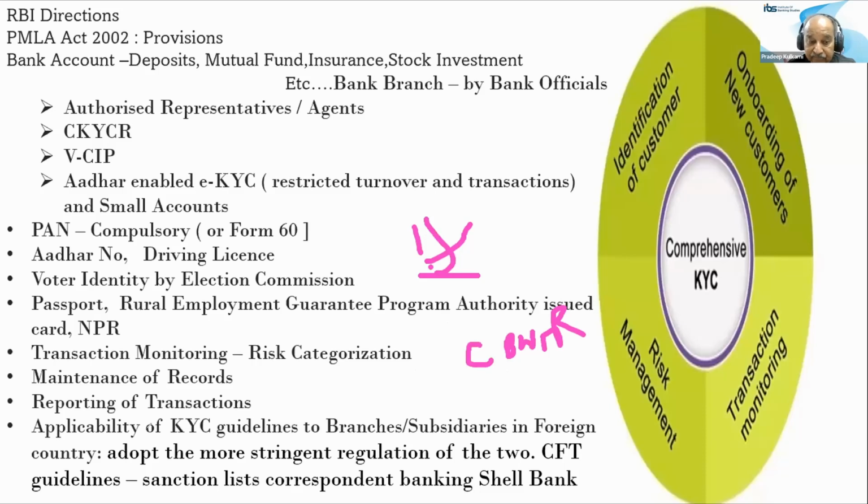Then with regard to CFT, branches and subsidiaries in a foreign country need to adopt the stricter regulations of either ours or theirs. Whichever is the stricter regulation needs to be followed. And there is no question of banking as a correspondent bank with a shell bank. We have seen what a shell bank means in the earlier slide.